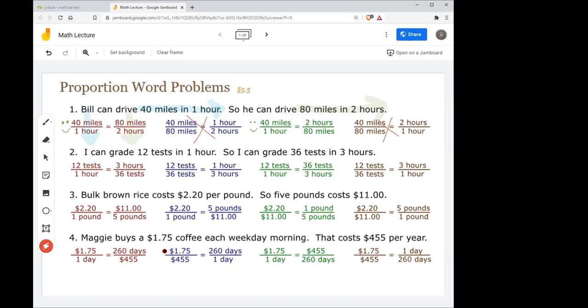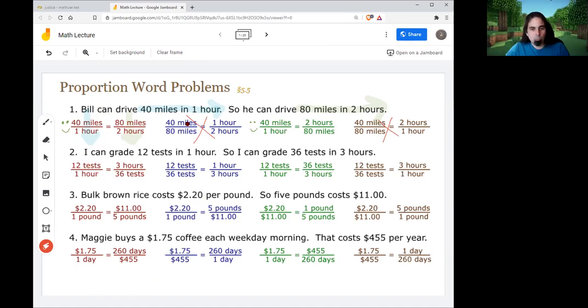I believe that one's wrong. I'm going to remove the X that's in the middle so I can draw my arrows. If we have the first situation, 40 miles, 1 hour, and the second situation, 80 miles and 2 hours.